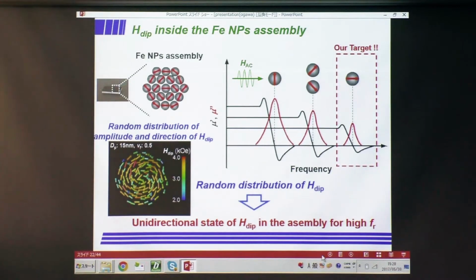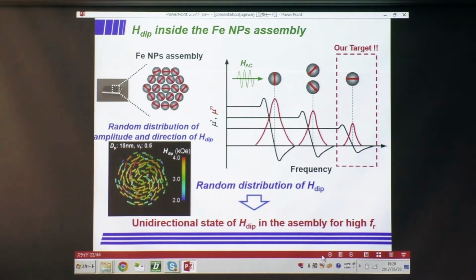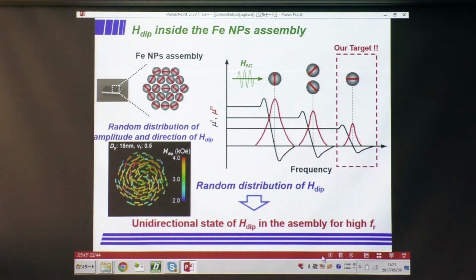Assuming the high frequency electromagnetic wave comes from this direction, the direction of magnetization for these nanoparticles is like this. In this case, magnetic resonance happens at a low frequency range. And our target is to respond in a high frequency range. That means the magnetization state is in this direction, perpendicular to the AC field.